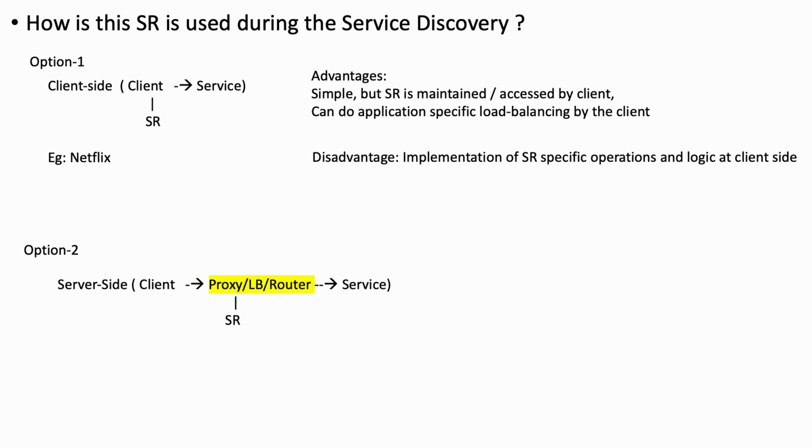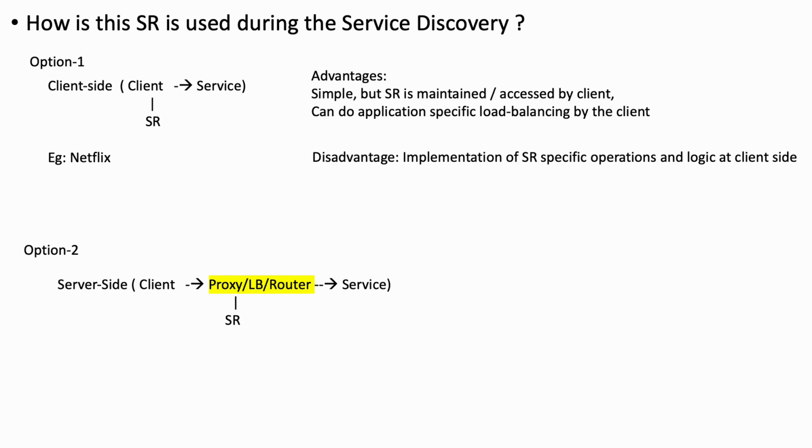That takes care of talking to the service registry, getting the required information, and routing the calls to the respective service instance. So the client will make a call to the service, and this component, either router, LB, or proxy, will take care of routing that request to an instance of the service. It can send to instance 1, instance 2, or instance 3.